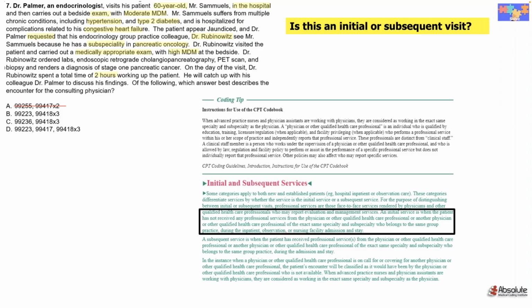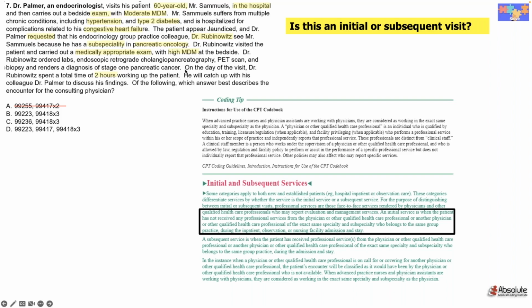Well, initial visits are defined as, and it's right here, if you can see my cursor, when the patient hasn't received any professional services from the physician or other qualified healthcare professional or another physician of the exact same specialty and subspecialty who belong to the same group practice during the hospital stay.